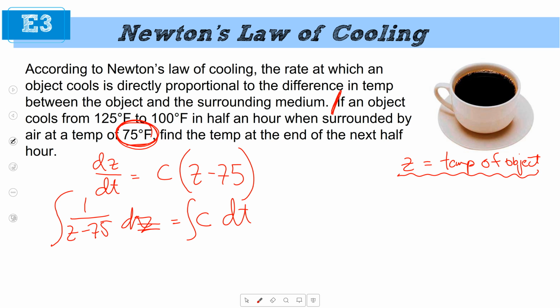Integral of both sides. Ct, and then what's this? Well, u is equal to z minus 75, so du is equal to 1 dz. So it's actually going to end up being the natural log of the absolute value of z minus 75.